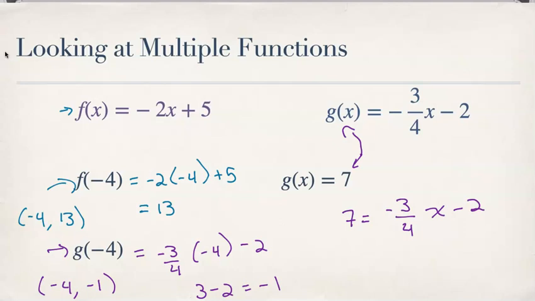You add 2, you get 9 equals -3/4 x. If I multiply both sides by -4/3, the reciprocal, then I get 9 divided by 3 is 3, so I get -12 equals x. That means that if my output for g of x is 7, my input has to be -12. So I would write that pair like -12, 7. That's my coordinate pair right there.